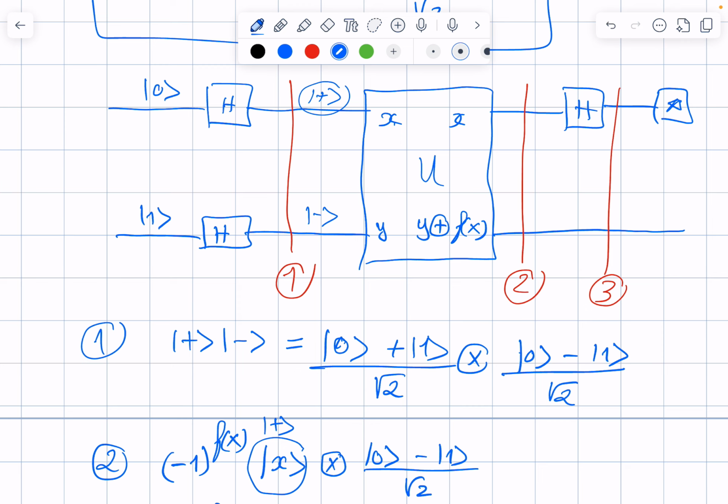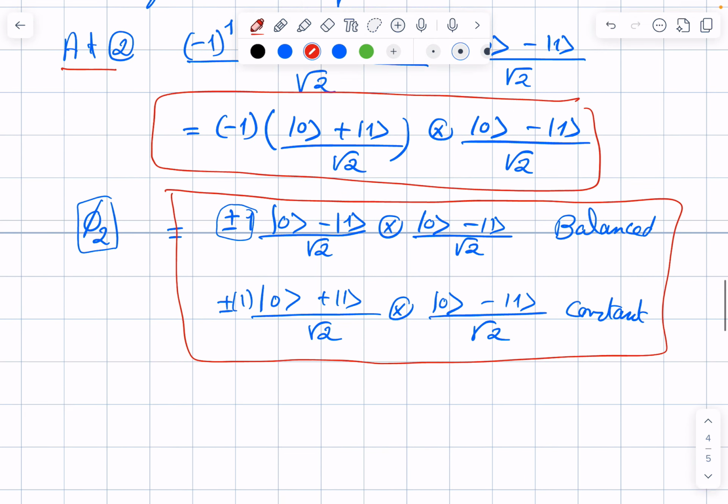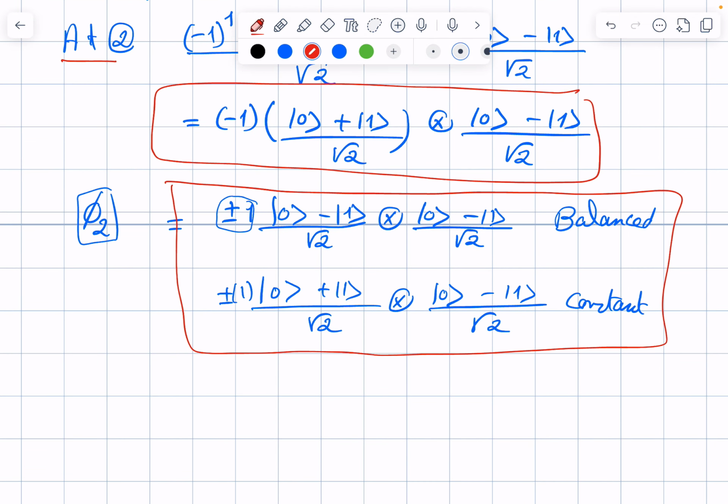We have an h. Let's see what the h is capable of doing. Of course, we know that here we have a negative, it will be a 1. Here we have a positive, it will be a 0. So after the last h, it is going to be plus or minus 1. Of course, the 0 will be negative.